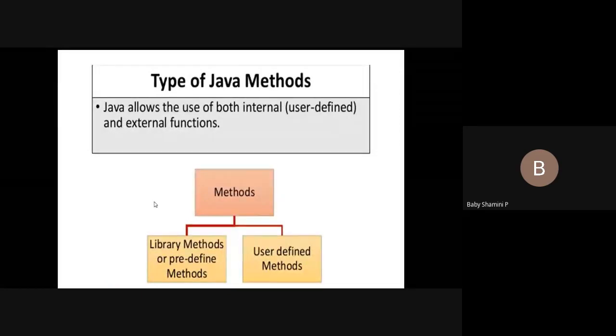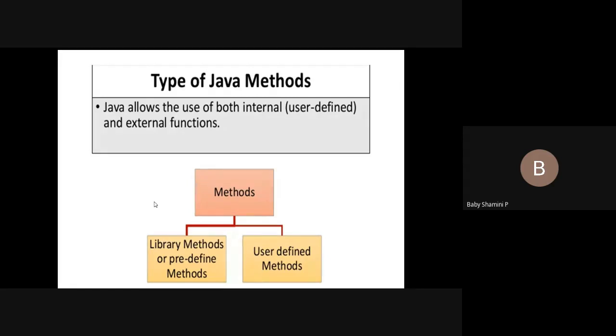So next one, types of Java methods. In every language, we have two different kinds of functions. First one is predefined functions or library functions. Next one is user-defined functions. Predefined functions are already defined functions.